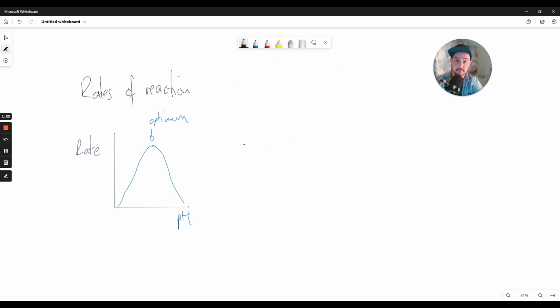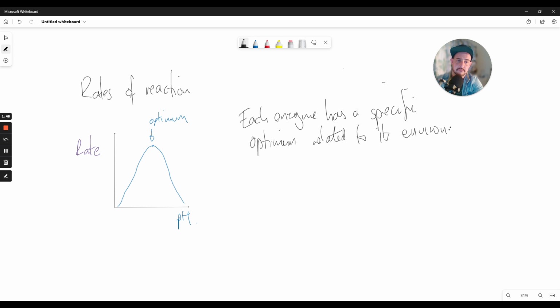Instead, we're just going to have a general point here and say that each enzyme has a specific optimum pH related to its environment. And that is basically how you describe and explain. We don't need to go into too much detail really in this.